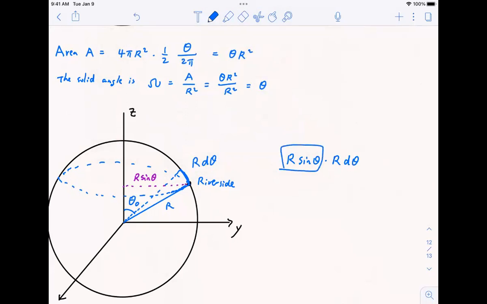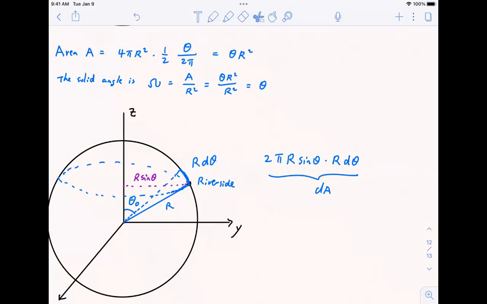Okay, this is the radius. You have 2 pi times it. That will be the whole length of this thing, and then times this part, that will be the dA, the area in this small part.